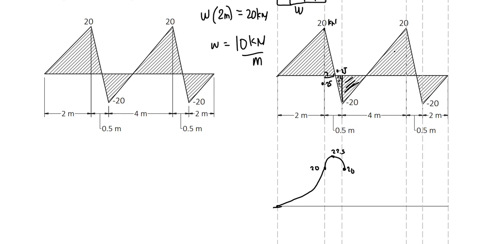Now to solve for the length of these two triangles, notice that it shares the same height of 20, same angle of 90, and the same angle right here, which means that the length of their base must be equal. Therefore, we can divide 4 meters by 2. So this base of these two right triangles is equal to 2 meters.